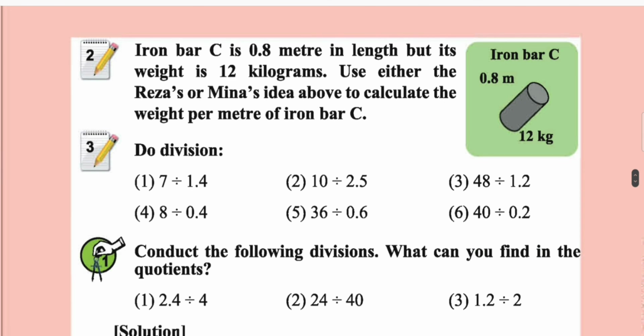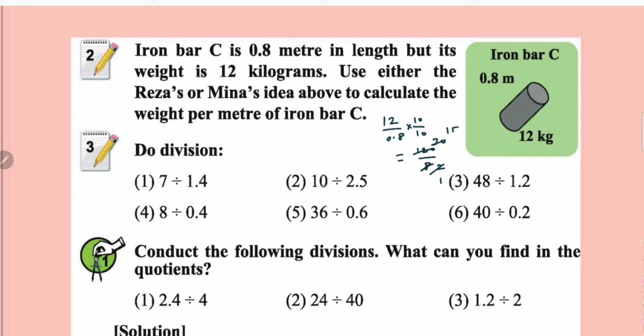Iron bar C is 0.8 meters in length, but its weight is 12 kg. Use either Raja's or Meena's idea to calculate the weight per meter of iron bar C. We are not following others' methods, we will follow our own method. Multiply with 10 on both numerator and denominator. 120 by 8. 4 2s are 8, 4 30s are 120, 2 1s are 2, 2 15s are 30.